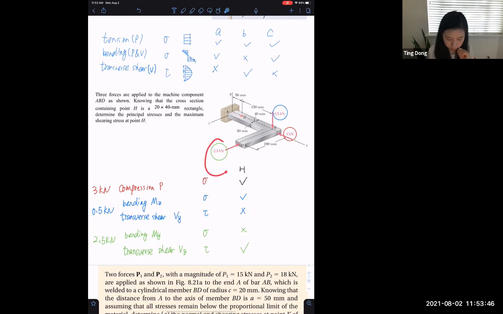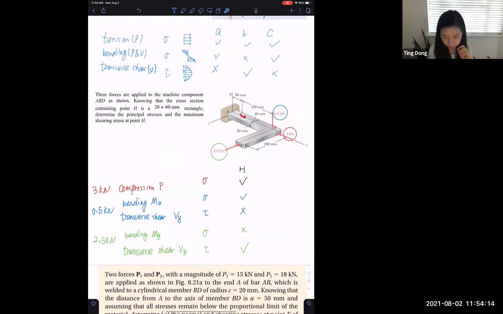And for this force, 2.5, again, this is the moment arm. There's a bending moment about the y-axis. It bends in this way, so we have My, and we have the transverse shear force in the z direction, Vz. Now H is at the neutral surface of this cross section.